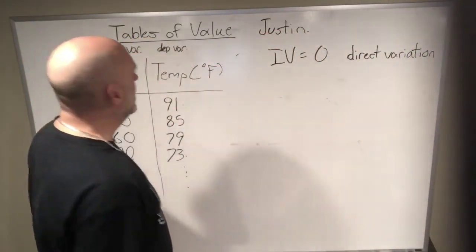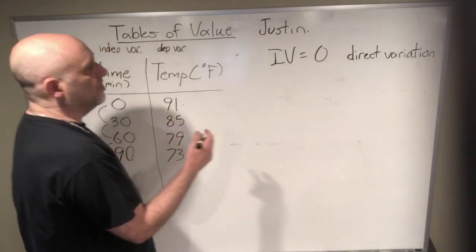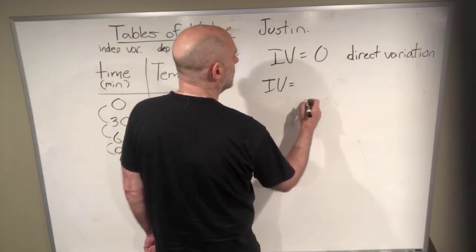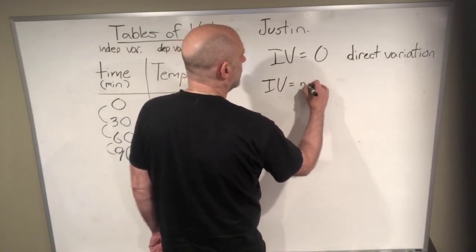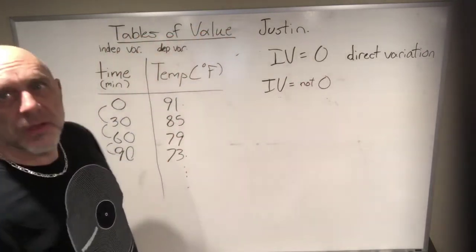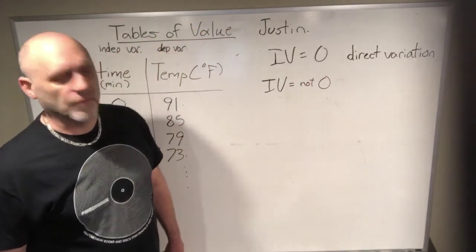One more time. If the IV is not 0, if it starts off at something else, not 0, like 91, it's called partial variation.